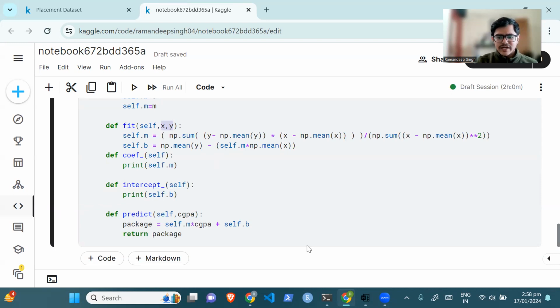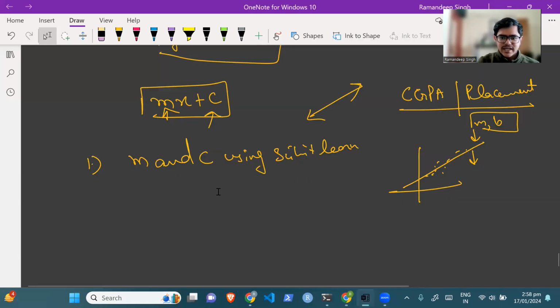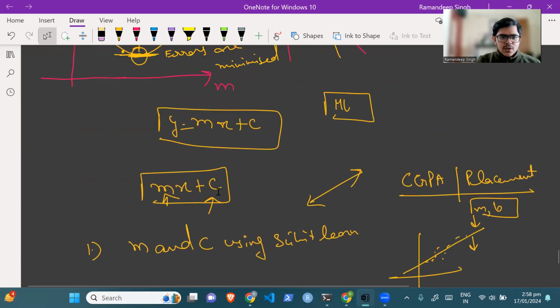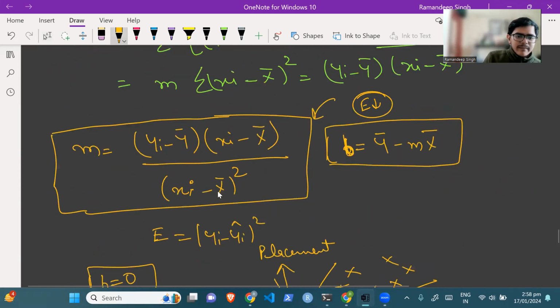Okay, so we have already seen what m is. m is the sum of (yi minus y mean) multiplied by (xi minus x mean), whole divided by the sum of (xi minus x bar) square.